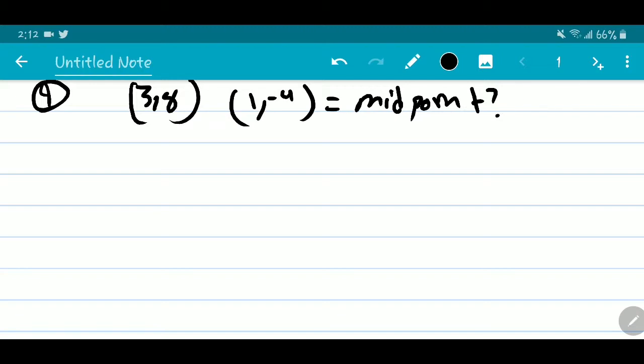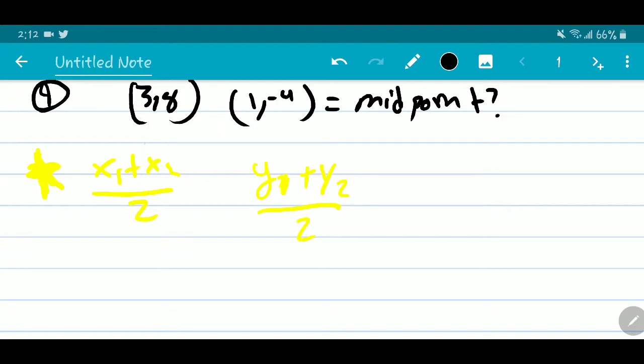Basically, you need to know the midpoint formula, which is x1 plus x2 over 2, pretty simple, and y1 plus y2 over 2. It's a pretty simple formula to memorize. You're just adding and then dividing by 2.